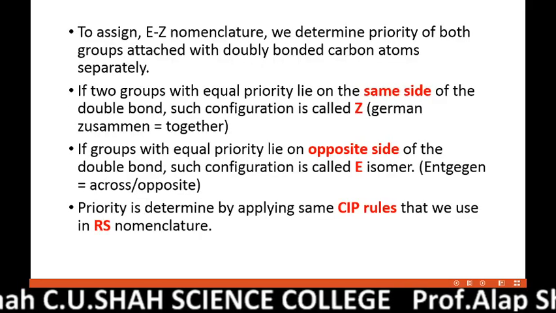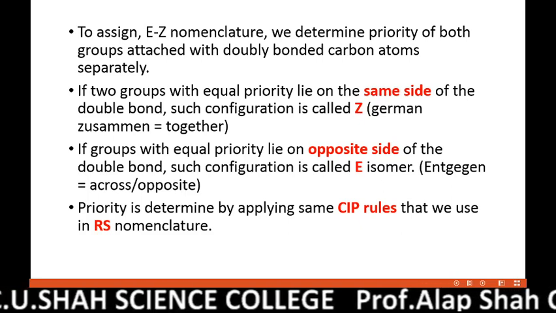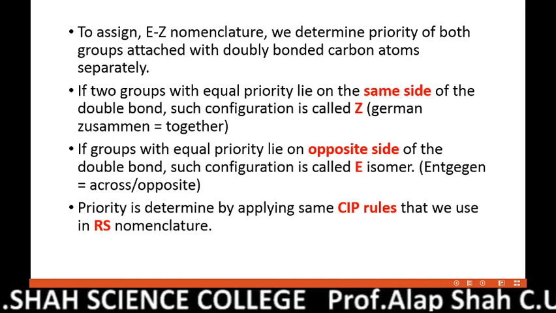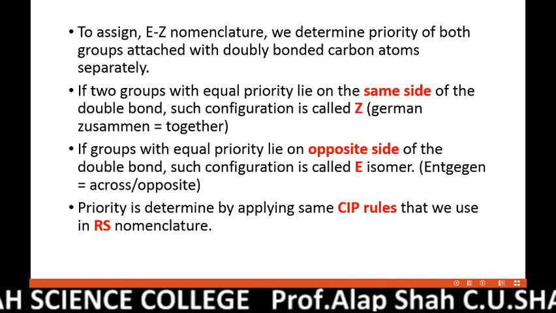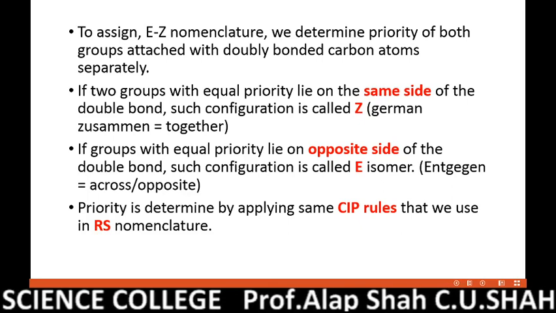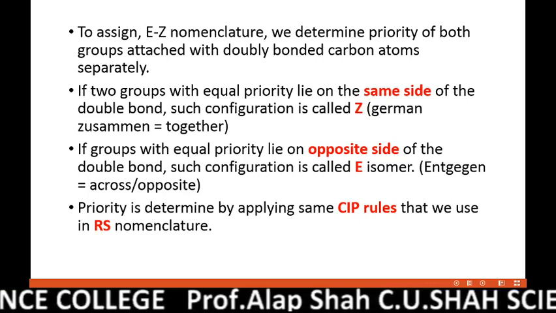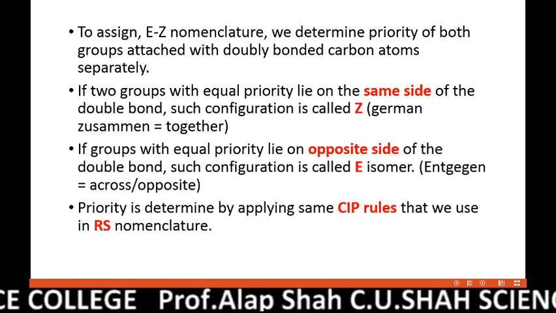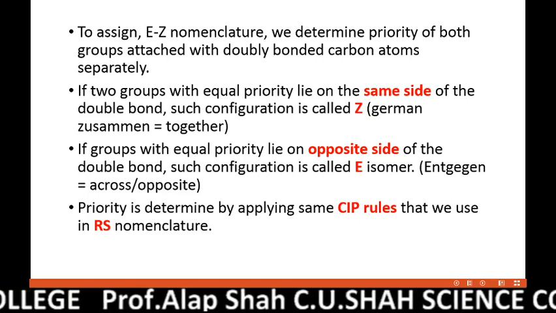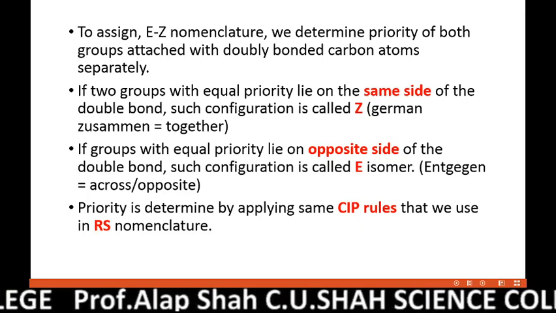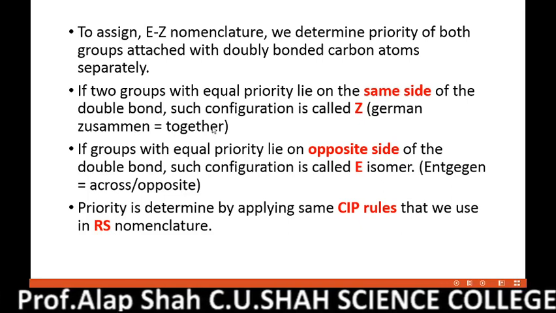Now, after assigning the priority, if the groups with the same priority lie at the same side, meaning that if both group 1 and group 2 lie at the same side, we call such a configuration Z configuration. It is a German term. Z stands for Zusammen and its English meaning is together.